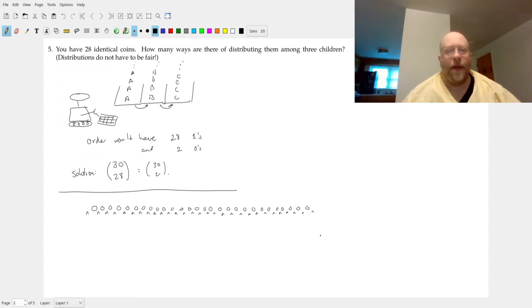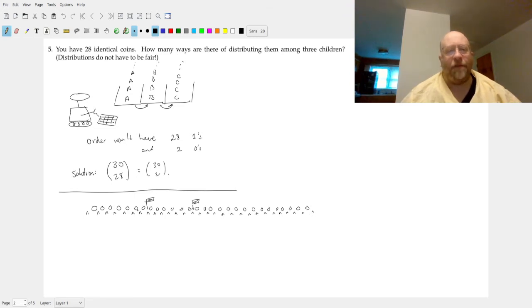Okay. And what we're going to do is put in these slots two flags. So just a little flag here in one slot, and say a little flag here in one of the slots.